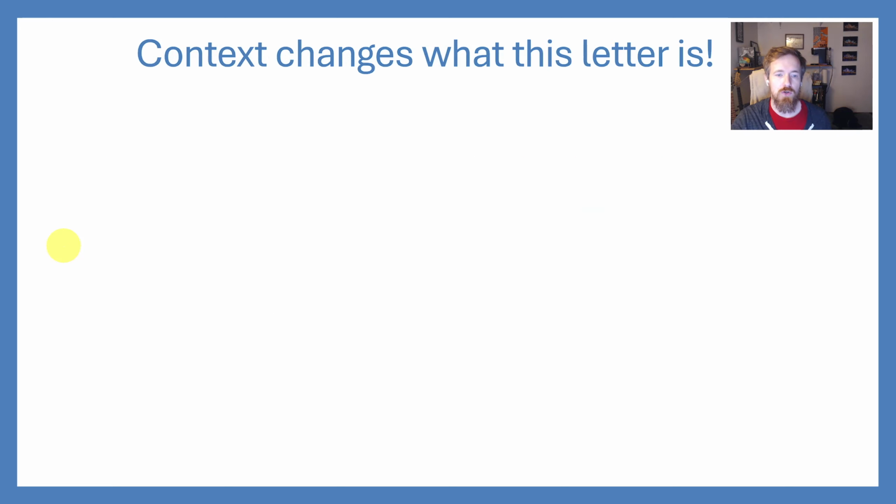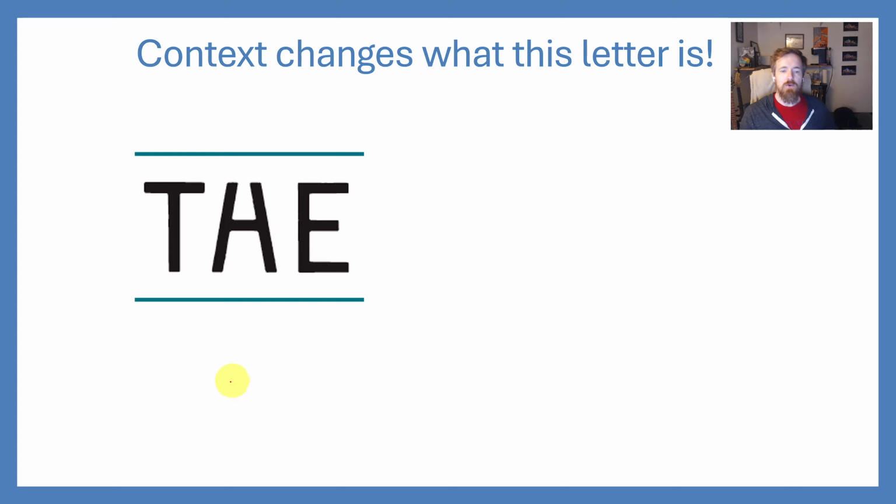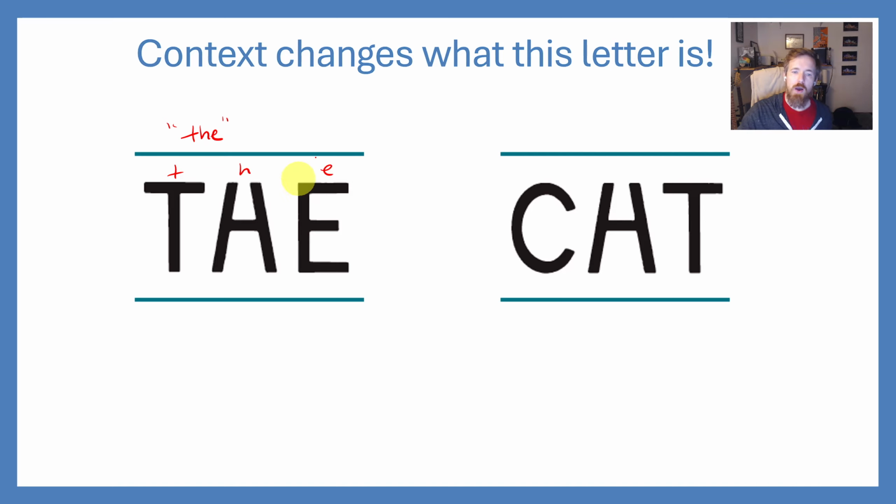So let me show you why context matters in this case. If you were to see this right here, and I asked you, what does this say? Almost everybody would say this. They would say "the" or whatever, right? We got a T, we got an H, and we got an E. But if I were to show a second group, this right here, yeah, there probably will be some people who say that it says something like CHT.